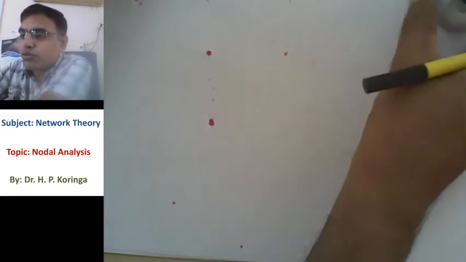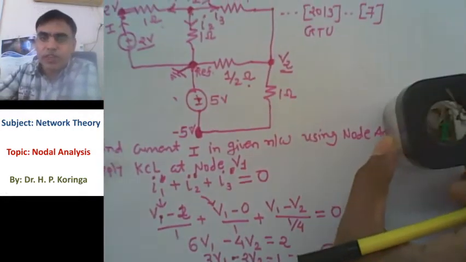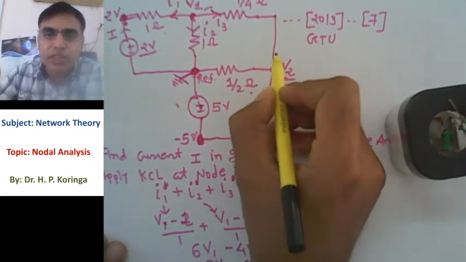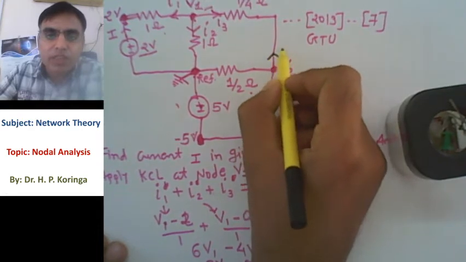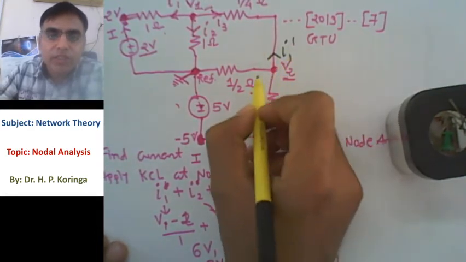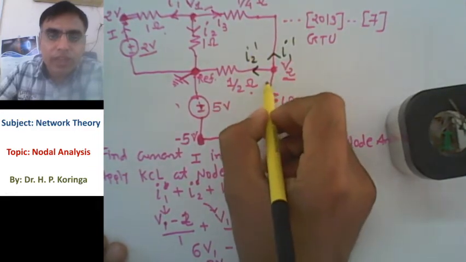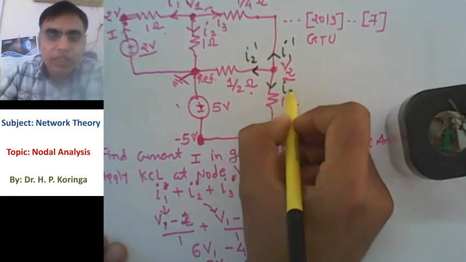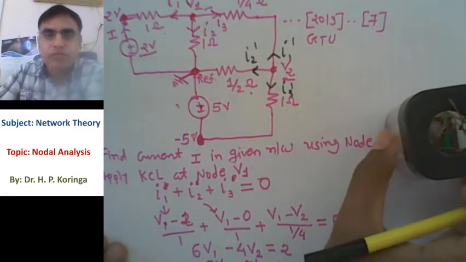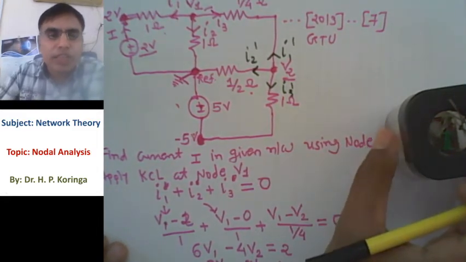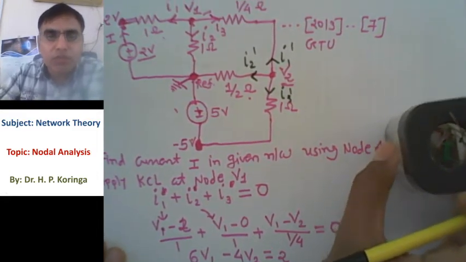So at V2 there are again 3 branches. Let us call this branch current I1 dash, this branch current I2 dash, and this branch current I3 dash. So I1 dash plus I2 dash plus I3 dash is equal to 0.